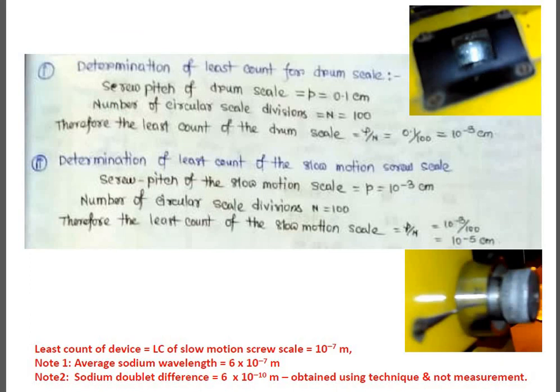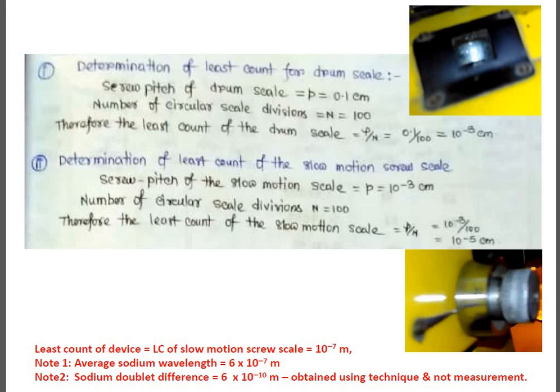So this is the drum scale, and you see the screw pitch of the drum scale is 0.1 centimeter, and there are approximately 100 circular scale divisions. So this means the least count is 0.1 centimeter by 100, which is 10 to the power minus 5 meter. Here I'm talking in terms of meter.